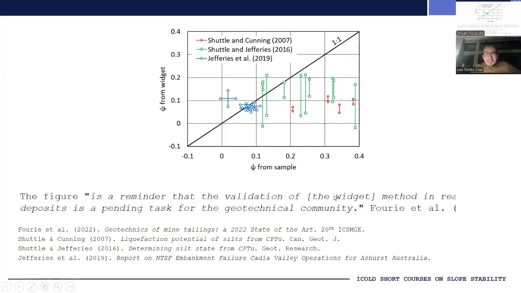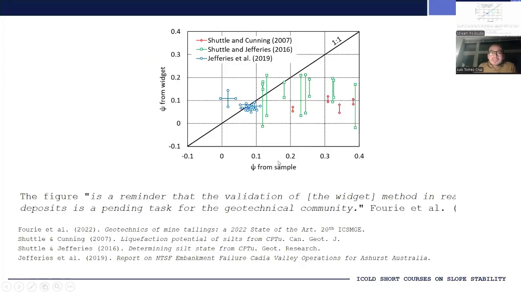So we published this figure in a 2022 paper where we showed the state parameter as inferred from the Jefferies and Been and collaborators method, which is regarded as, let's say, the most advanced method to infer the state parameter.